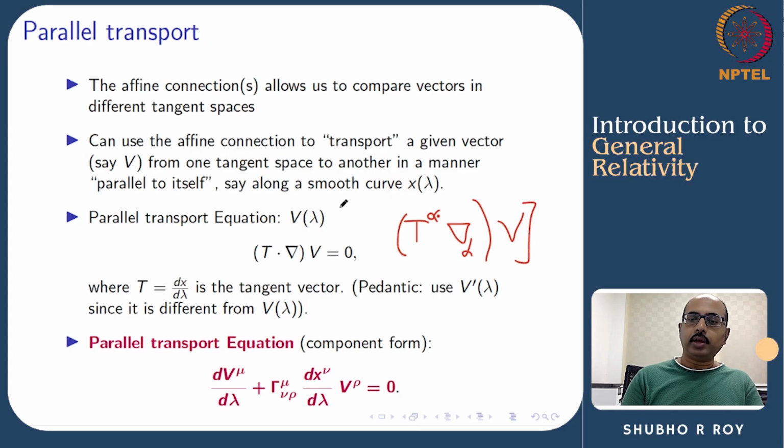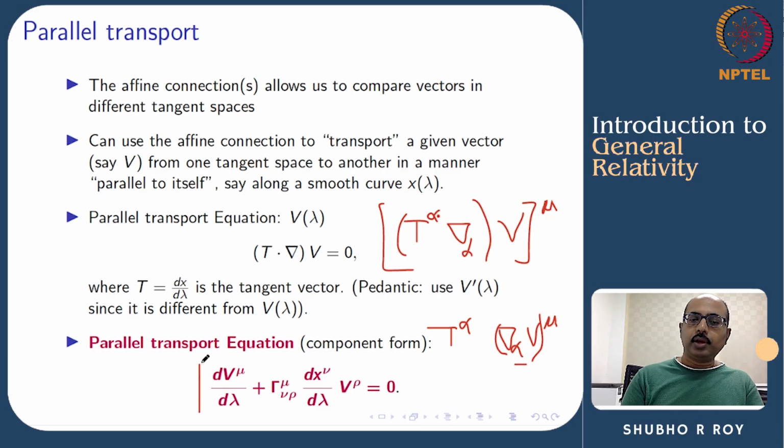So we have to take the muth component of this. It means you have to take T alpha times del alpha V, and then the muth component of that. And this we already have worked out in the previous slides, which gives you something like this.